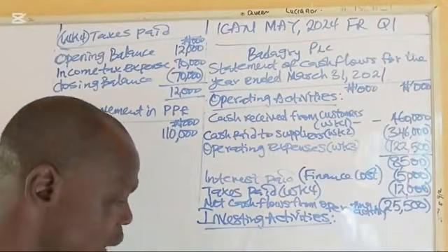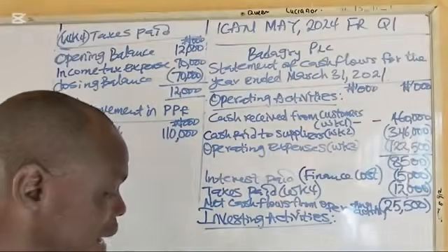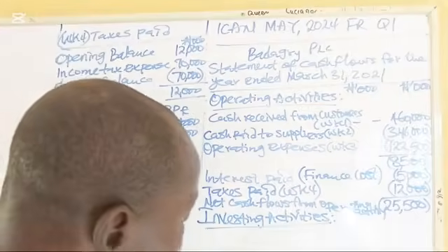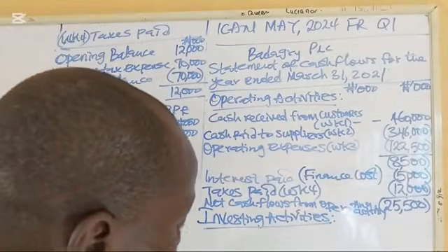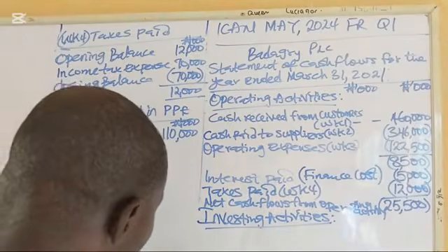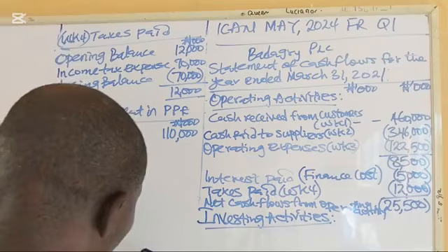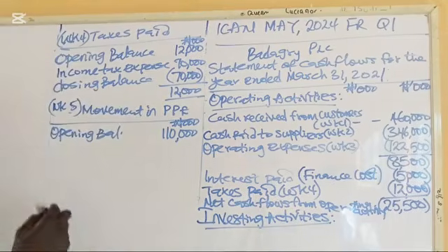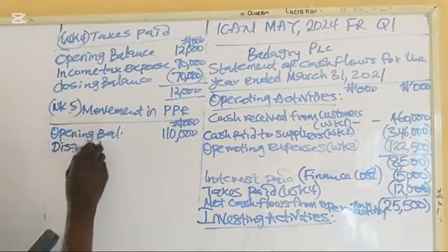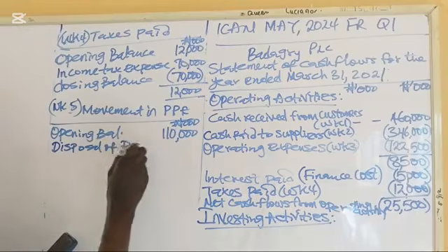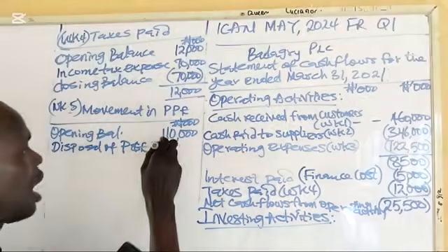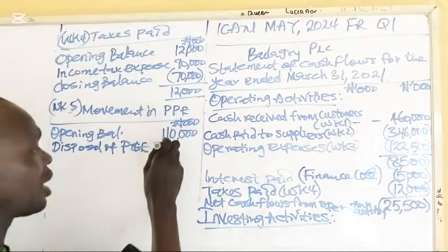Go to note 1. During the year ended March 31st, 2021, plant and equipment with a carrying amount of 40 million was sold for 55 million. The profit or loss on disposal is charged to distribution expenses. So we have disposal of plant and equipment. How much will be recorded here?